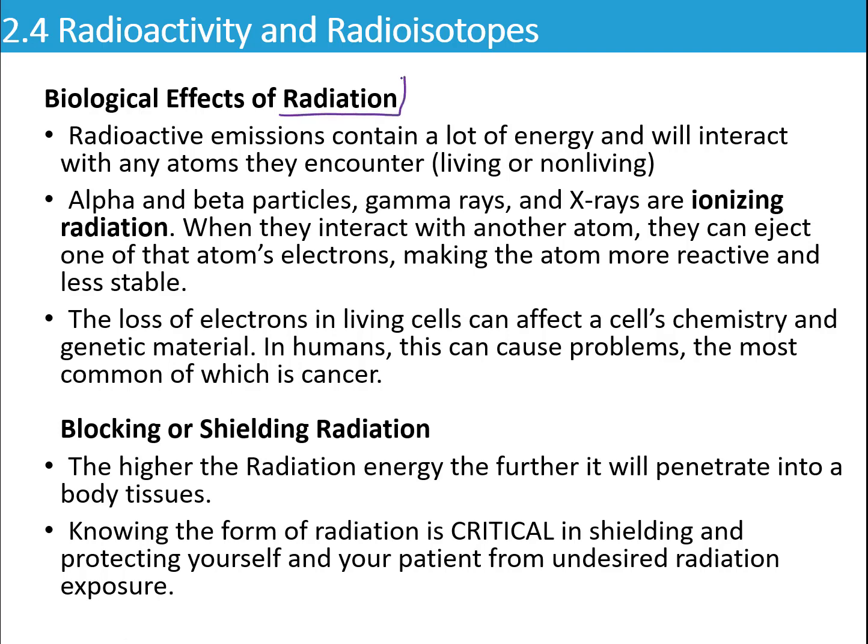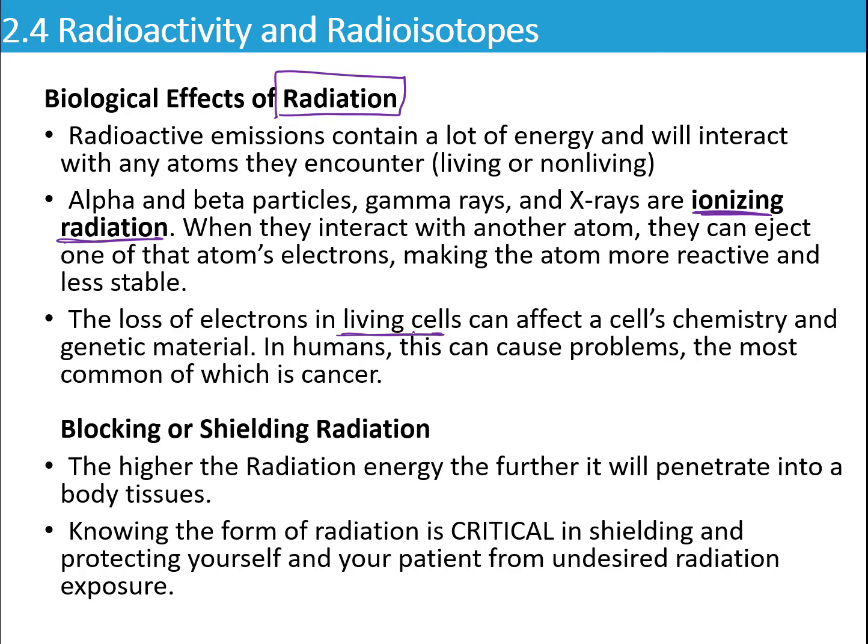So this energy, whether we're talking about alpha, beta, or gamma, from these types of atoms has the ability to cause damage. It has the ability to change the reactivity of molecules, and these can be molecules that are in living cells.